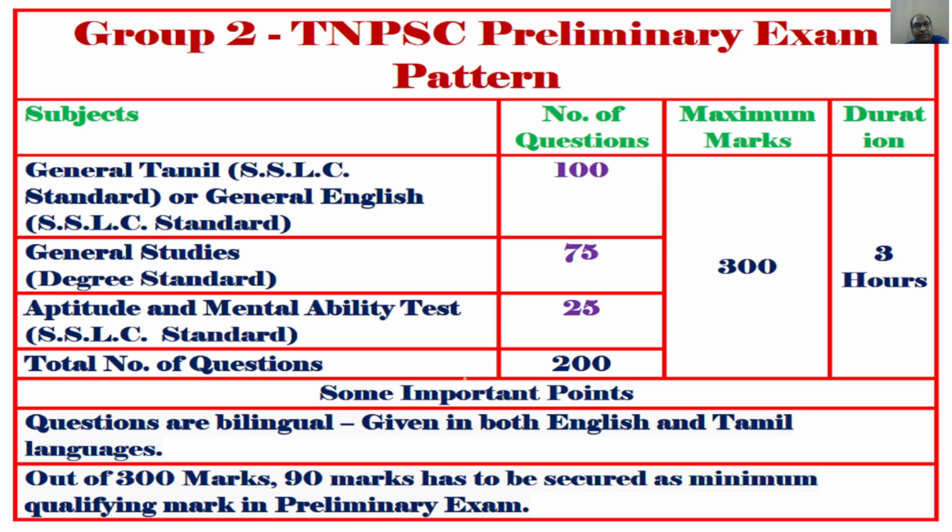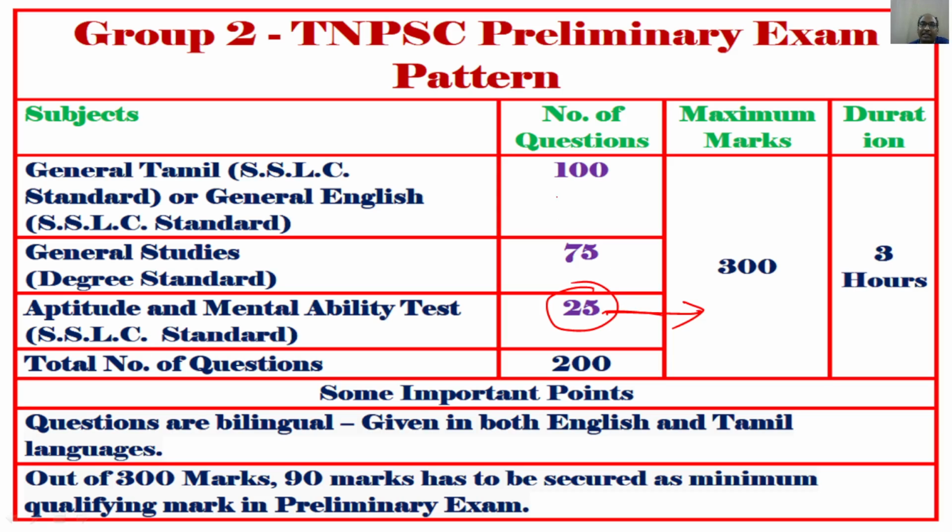So I hope that this 25 marks, though it seems to be lower, is easy to score. Compulsorily everybody will get it, those who have practiced. And then a further 90 marks is required for qualifying. I am telling you, for qualifying we can get a full 300 marks.